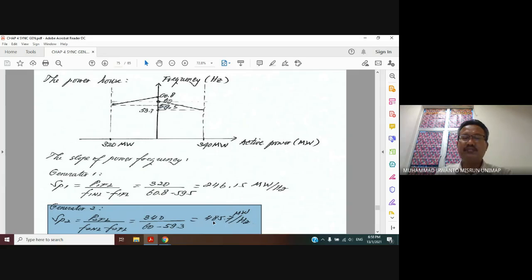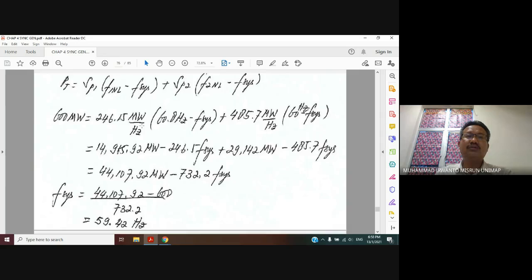So we have obtained the value of the slope of power frequency for generator 2 is 485.7 megawatt per hertz.